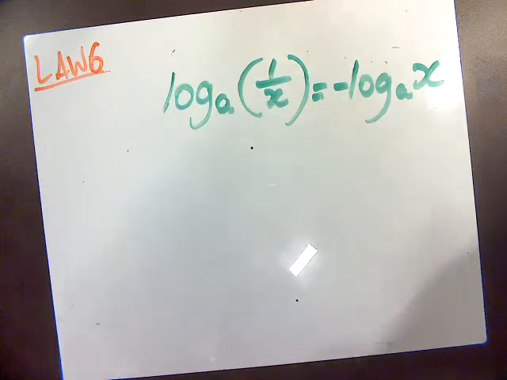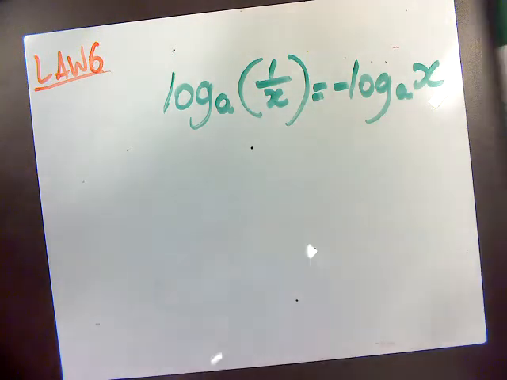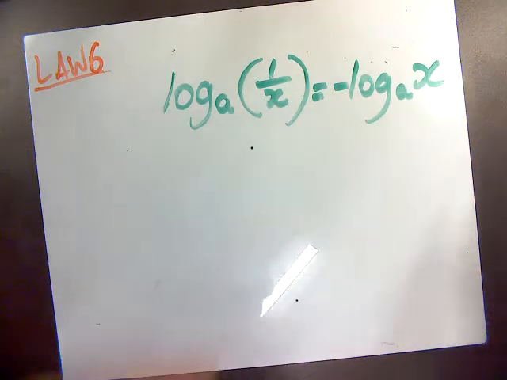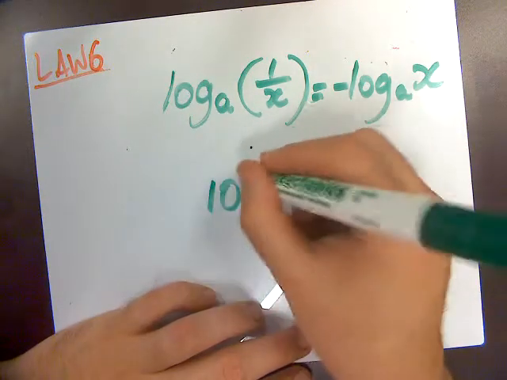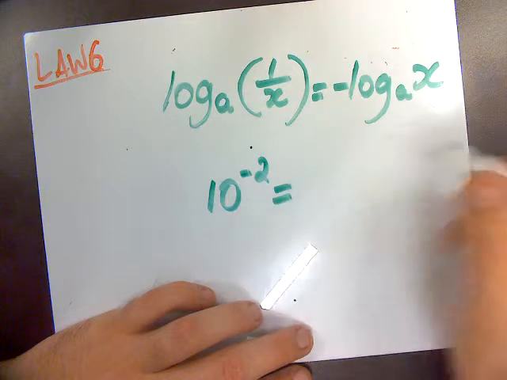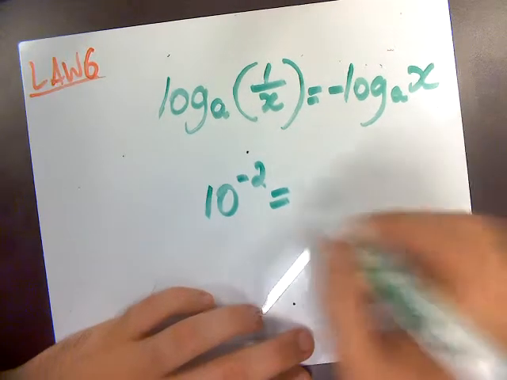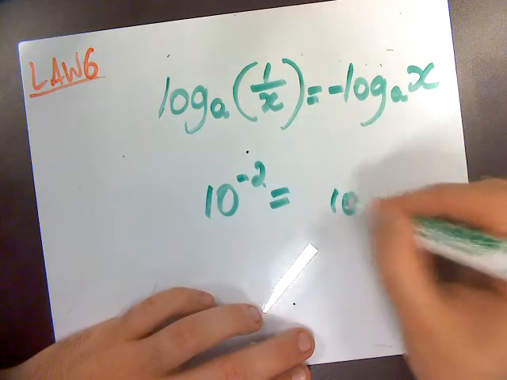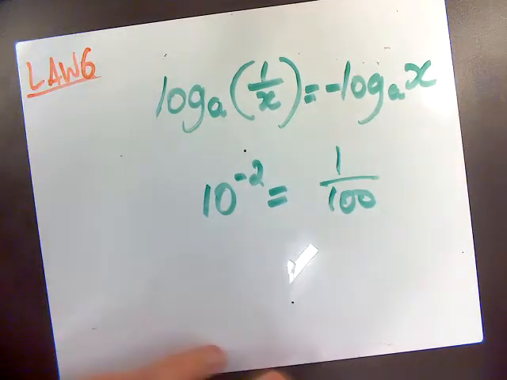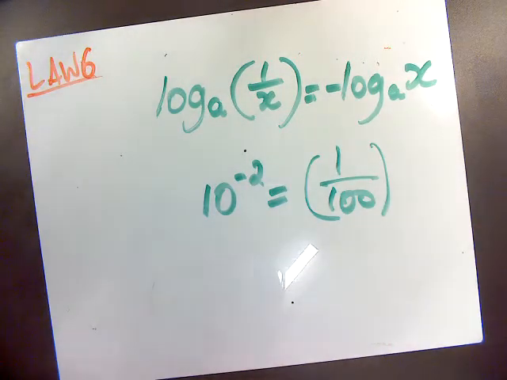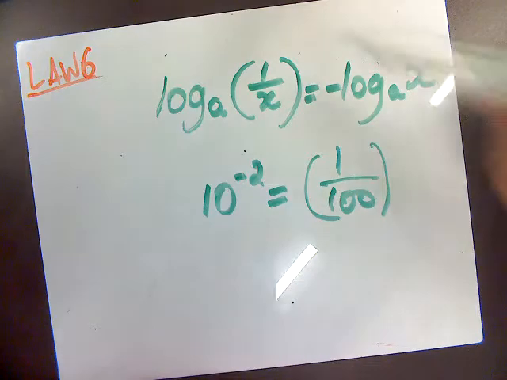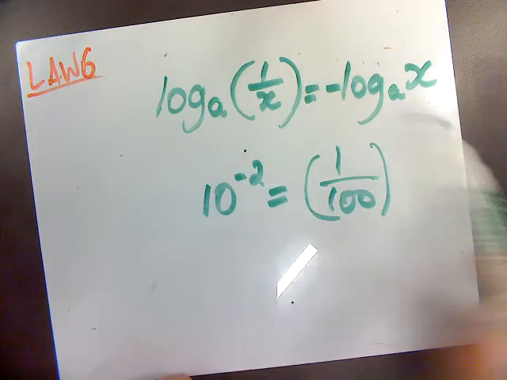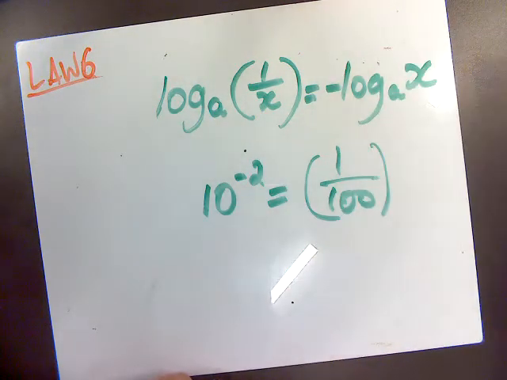This is best understood if we think about what happens when we use a negative power. If we took 10 to the power of negative 2, we know that it becomes 1 over 10 squared. So it's the same deal up here. We have 1 over x, so it must mean that whatever power we use, represented by a logarithm, is going to be negative.